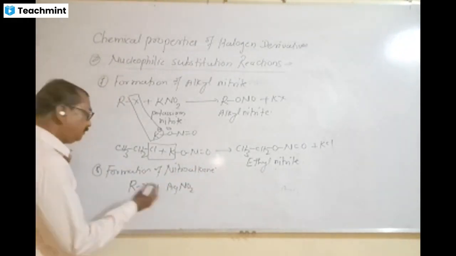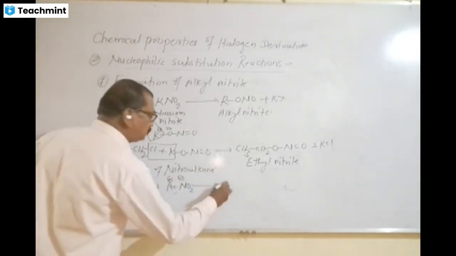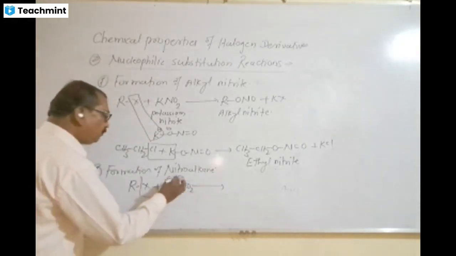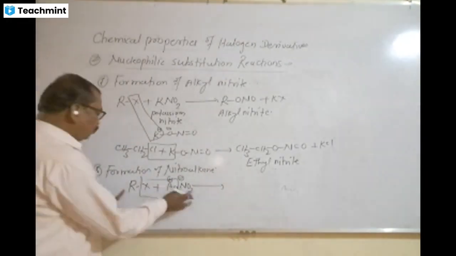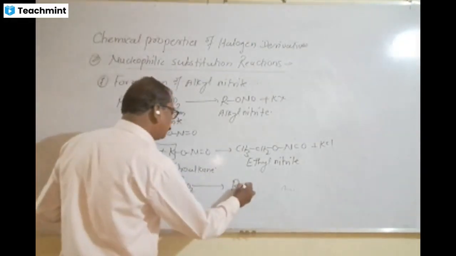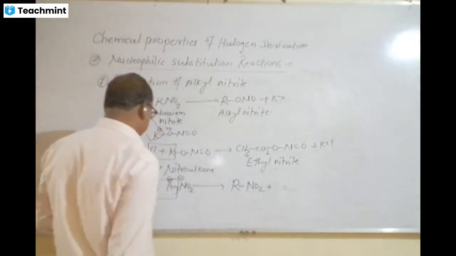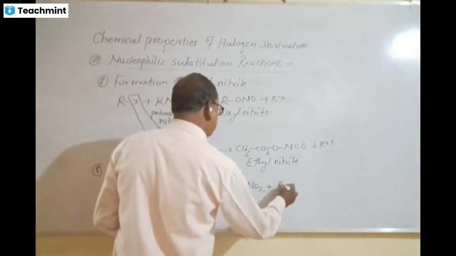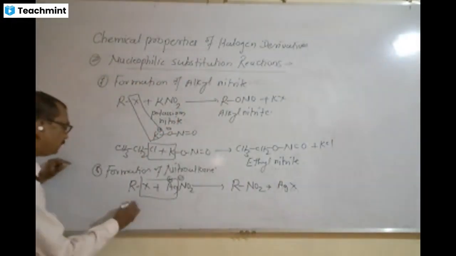Silver is positively charged, this group negatively charged. Then the halo group and silver atom form silver halide. And the NO2 group joins this R group. It gives RNO2 plus AgX.